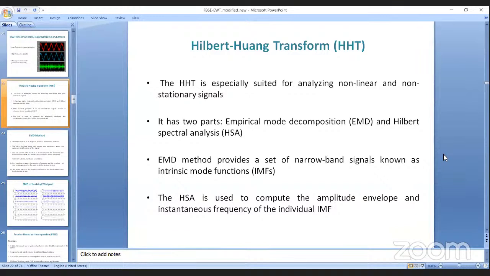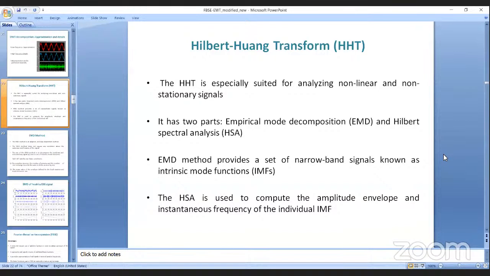Based on this average, you have to determine the residual from the signal. You have to subtract that part. Then there are certain conditions for the IMFs, and if this residual satisfies these two conditions, then we call it an IMF. Otherwise, we have to repeat the same process. In that way, the shifting process is used to determine these IMFs, and this method can be applied to any kind of signal.